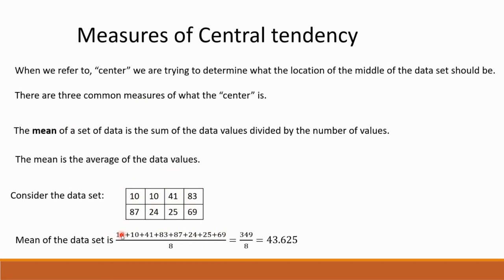The number of them is 8. So we add them up, divide by 8, and we get 43.625. So that's what the mean is, and this is one way of stating the center of the data set. Basically a mean is just an average. All right, that's one example.